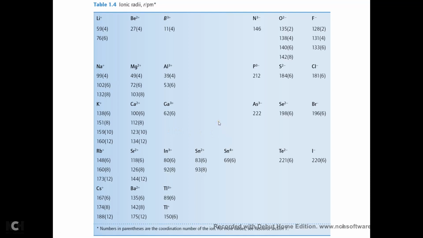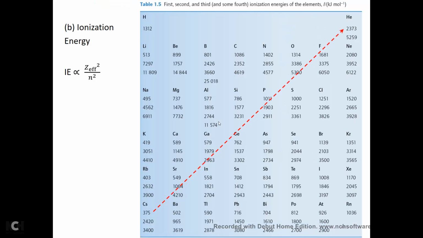If you have a highly positive charge, then you have a very small ionic radius. Highly negatively charged ions have a very large ionic radius. And second, it depends on the principal quantum number. The larger the principal quantum number, the larger the radius.